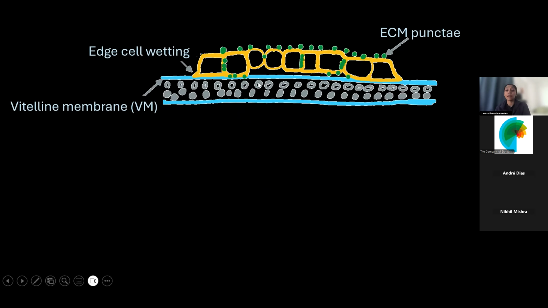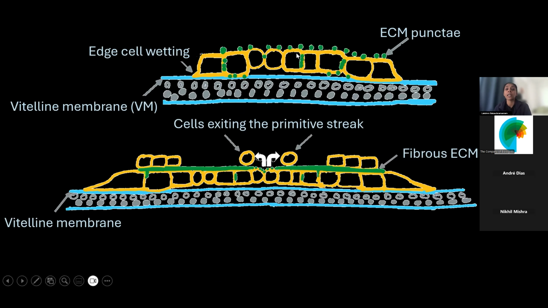And during this expansion phase itself, we see a remodeling of ECM, which gets reorganized from this dotted puncta-like structure into a more sheet-like and fibrous network. And as a result, what we think is the reason why the ECM needs to get remodeled is potentially that you have cells exiting out of the primitive streak, where it's known that just at the site of the primitive streak, you have a breakdown of ECM.